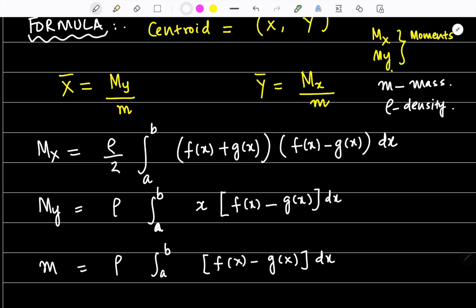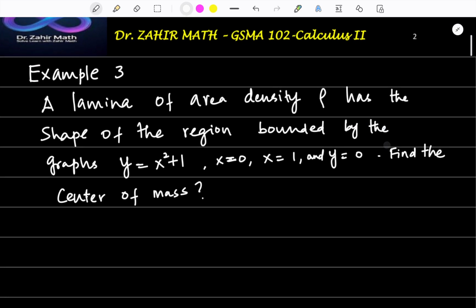So you have to remember this formula, f of x plus g of x, f of x minus g of x. Let me use another bracket so that you'll find it easy. My is this formula, x times f of x minus g of x, and m is this formula. Let's go to the first question.